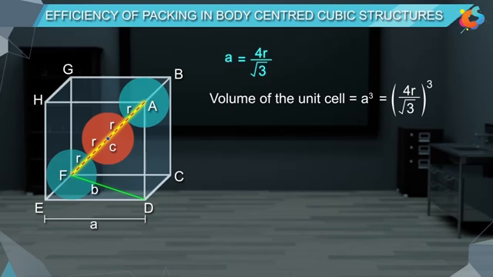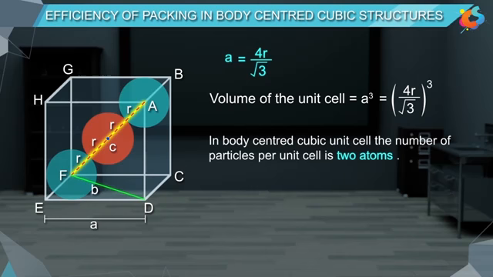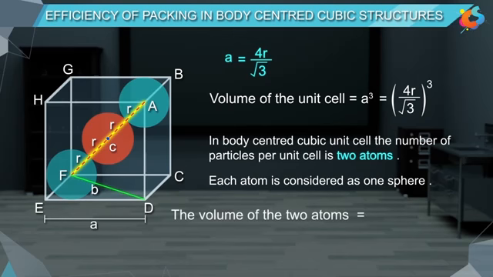In body-centered cubic unit cell, the number of particles per unit cell is 2 atoms. Each atom is considered as one sphere. The volume of 2 atoms is equal to 2 times 4/3 πr³, which is equal to 8/3 πr³.